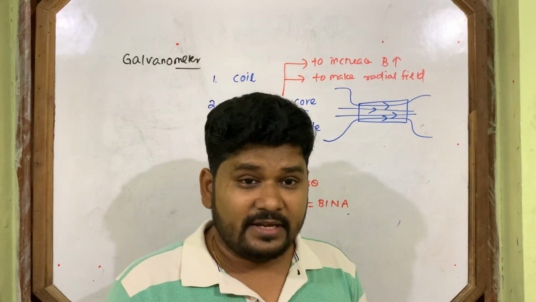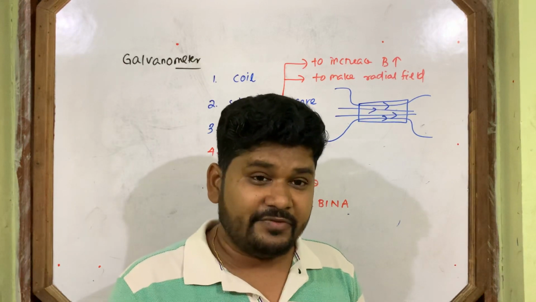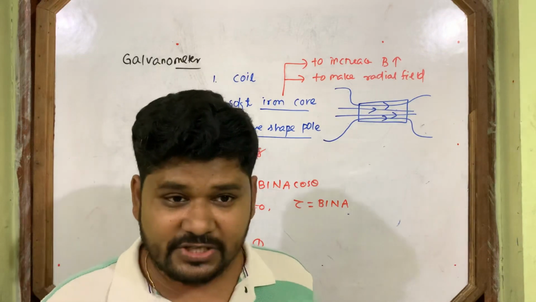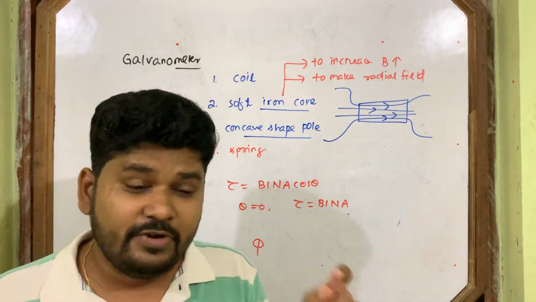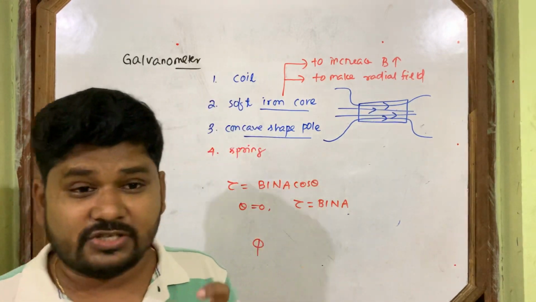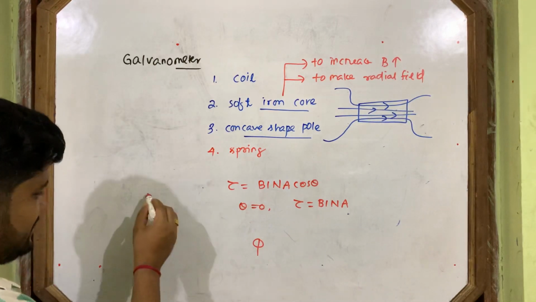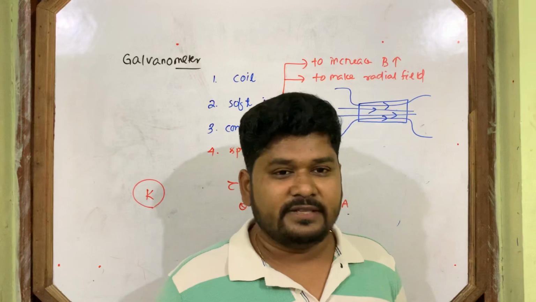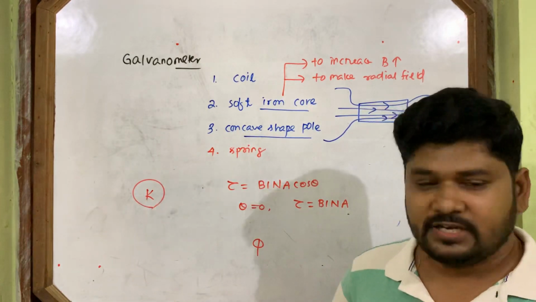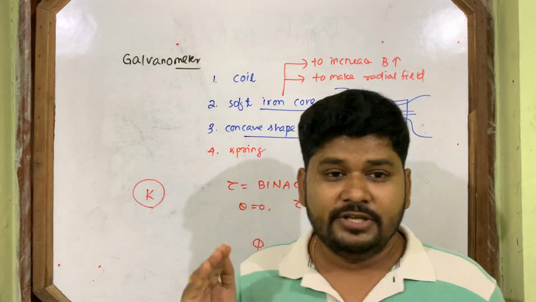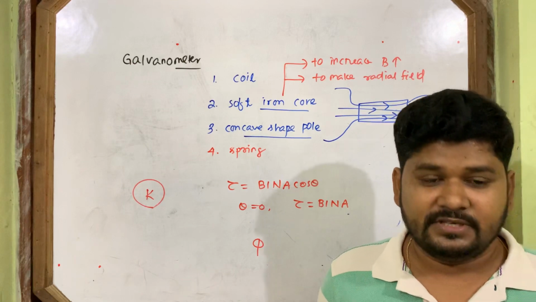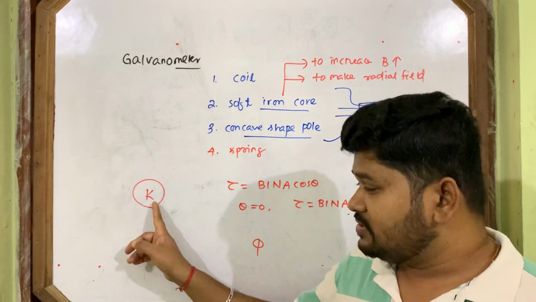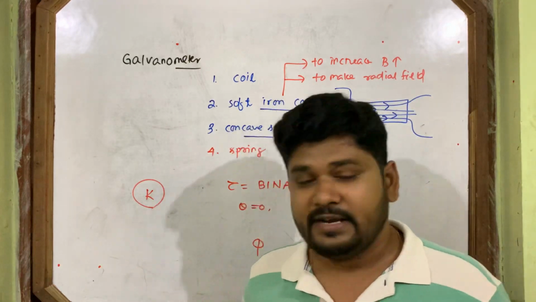The restoring torque per unit angle of rotation is called the torsion constant, K. K is one quantity, remember. It is the restoring torque per unit angle of twist, and that is constant for a particular material.